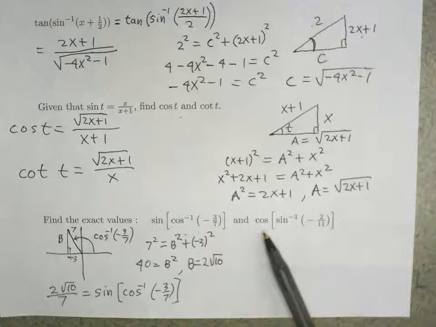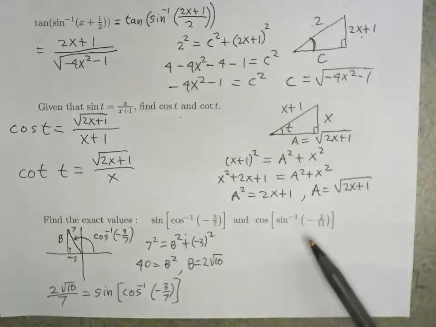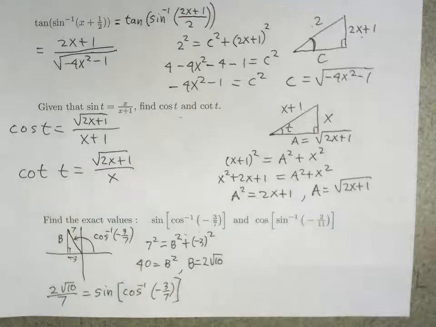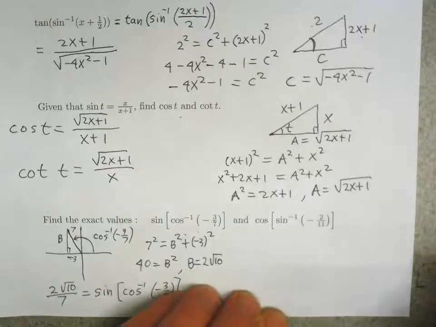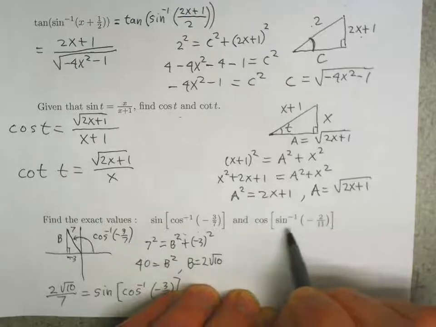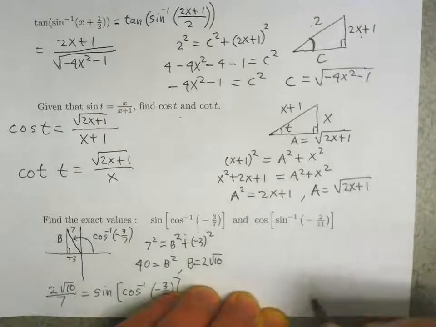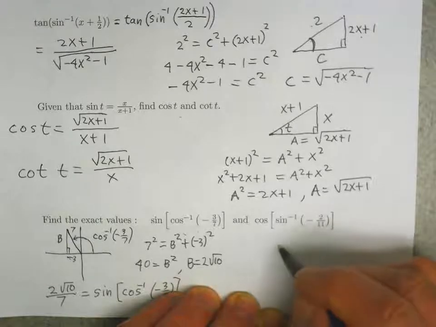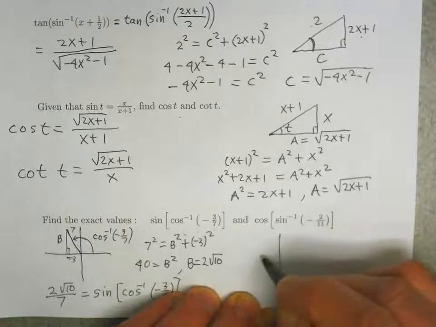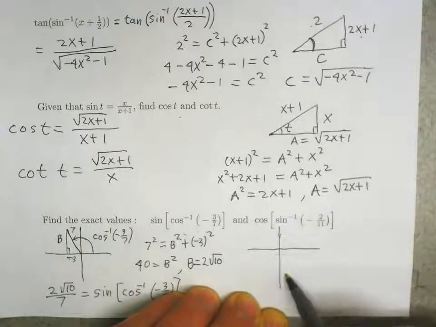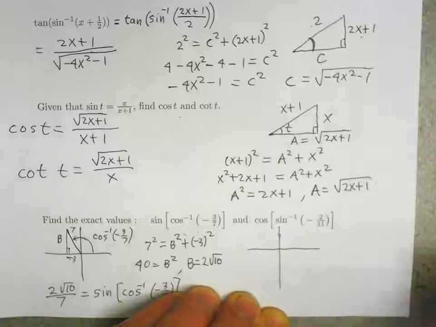And cosine is positive in the fourth and first quadrant. So this number has to be positive. So this angle, the angle whose sine is negative 2/11, is between negative pi over 2 and 0. So negative pi over 2 to 0 is in the fourth quadrant.